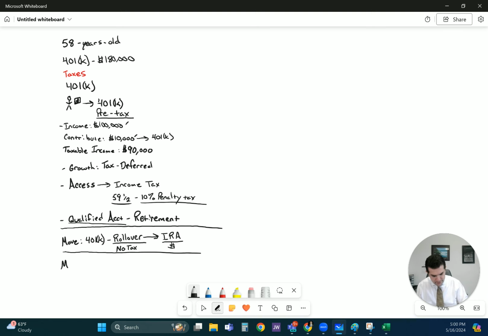We can move money from the 401k to an annuity.